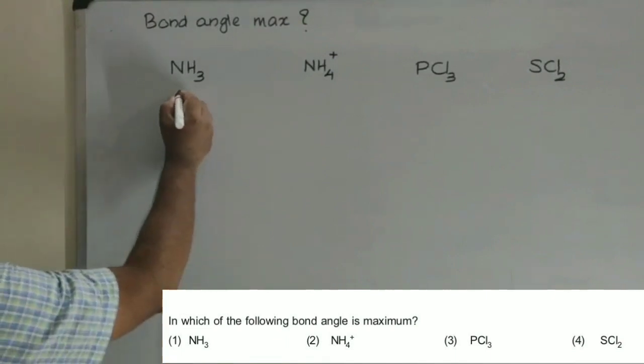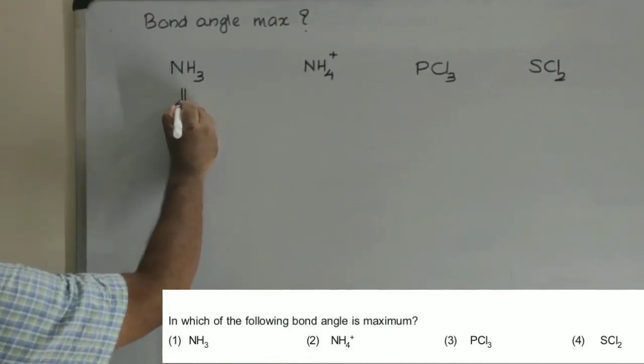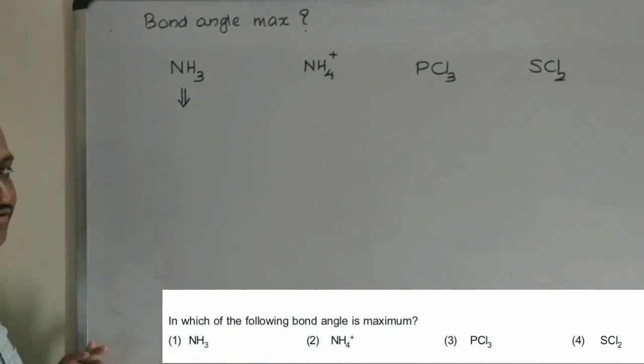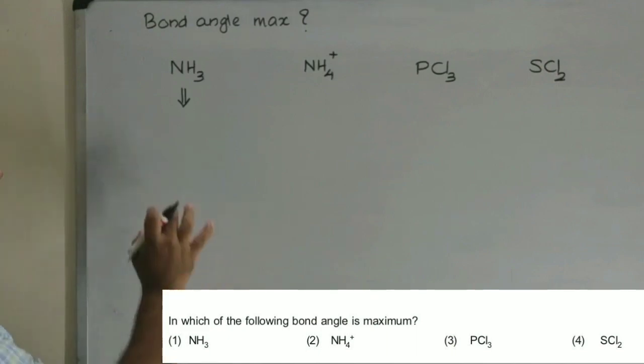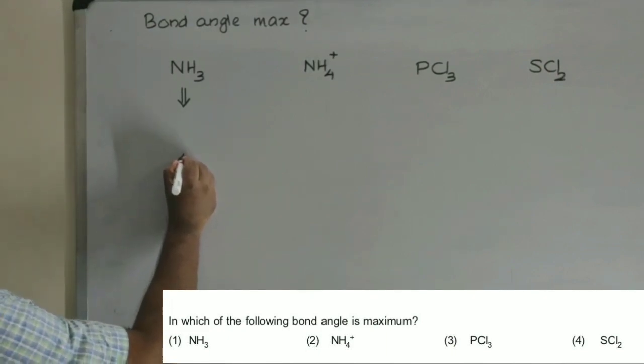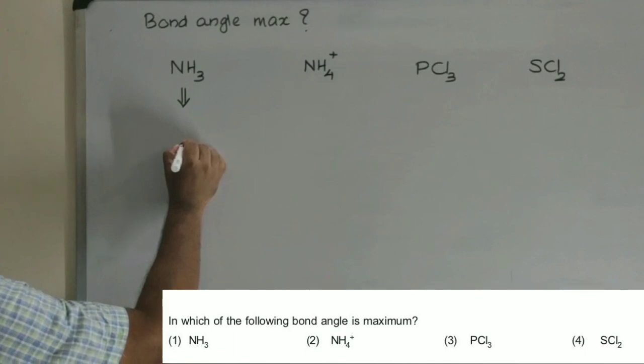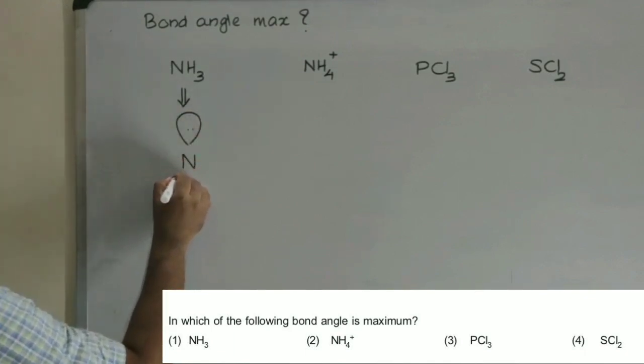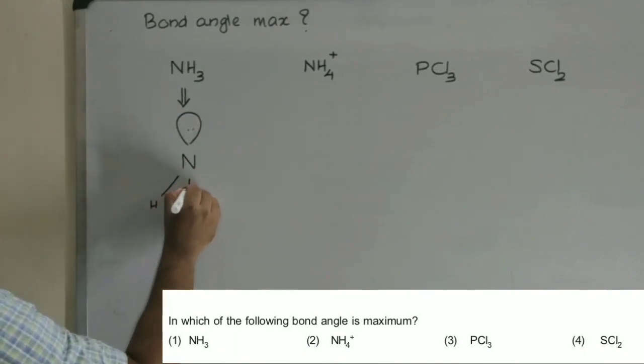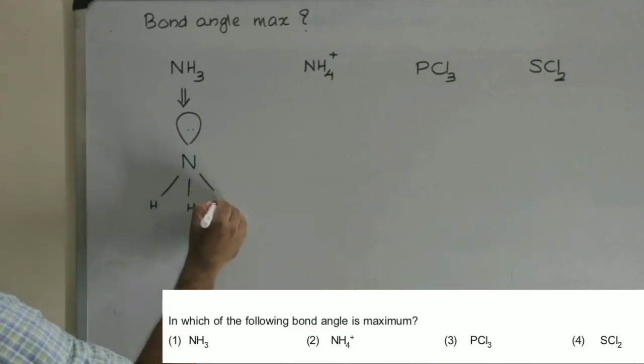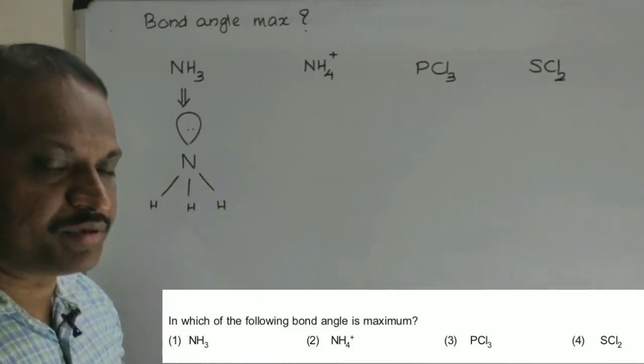For NH3, I have already discussed how we find hybridization and geometry. In that way, I am just drawing the shape of the molecule. Nitrogen has one lone pair here, and next the hydrogens. So one lone pair is present.